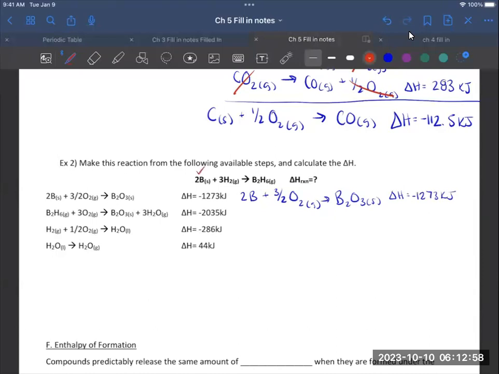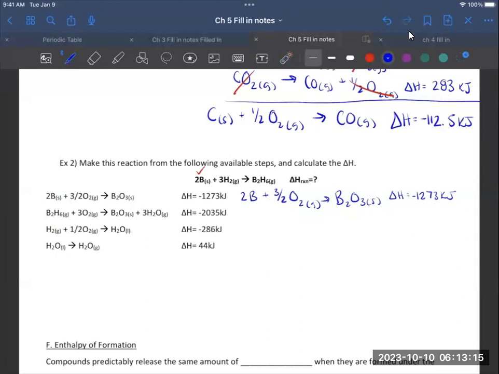Next, let's see, what's helpful about this next thing? It looks like this is a product, but here it is as a reactant. So what I'm going to do for this reaction is I'm going to reverse it, so that I can have this guy on the product side.